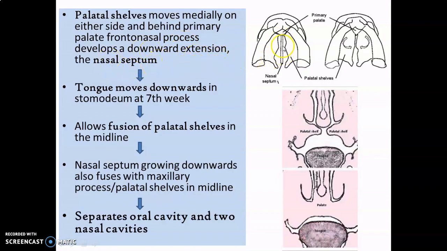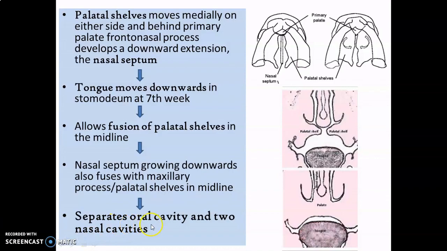You can see here, this is the vertical extension that develops from the frontonasal process and moves downwards to join these joining palatal shelves. Thus, all these three extensions, the one vertical extension and two lateral extensions of palatal shelves, join in the midline, forming two separate nasal cavities and one oral cavity.